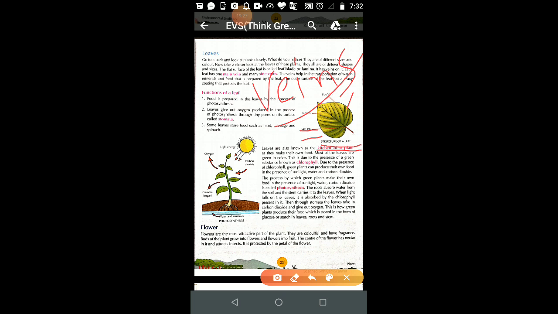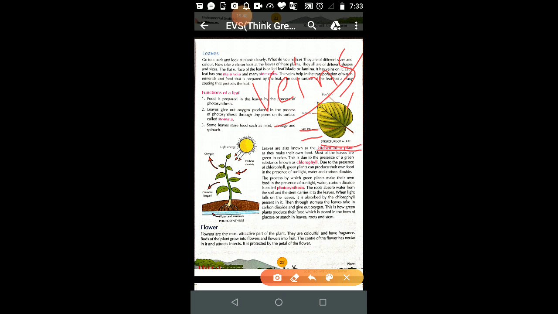But now the question arises, student, how do these living things, that is plants, animals and human beings, fulfill their need of energy, or you can say how are they getting the food?